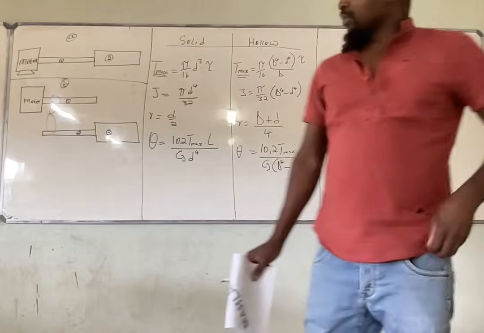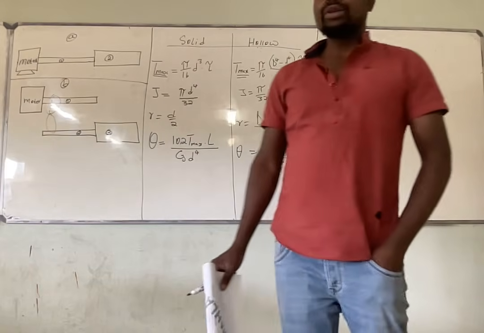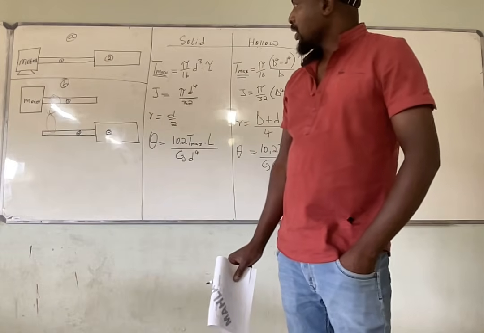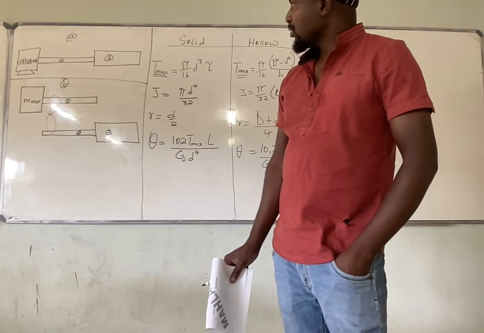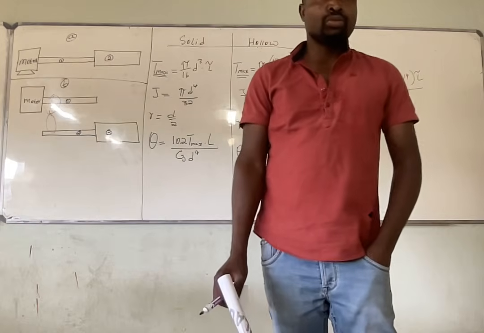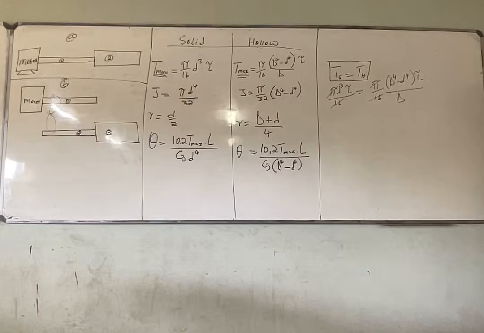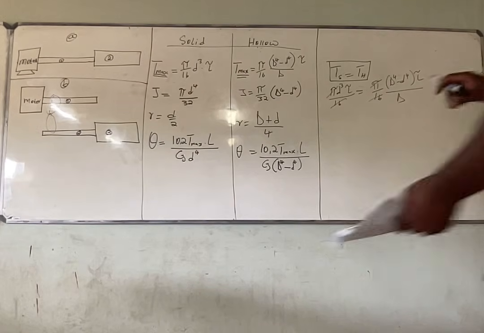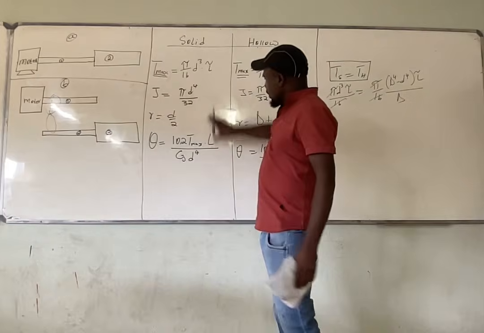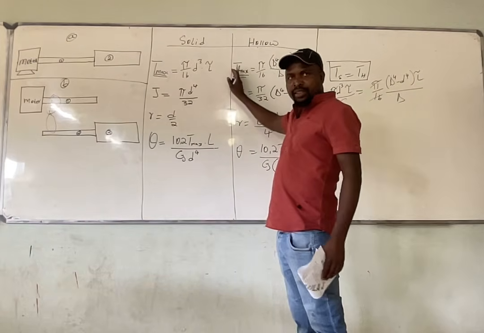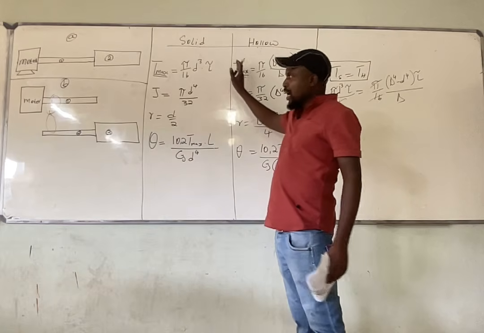So the first one, just ignore the motor and concentrate on the two shafts, shaft number 1 and shaft number 2. What kind of connection is that one? It's a series connection. So what we have been talking about here was for the types of shaft, solid and hollow.